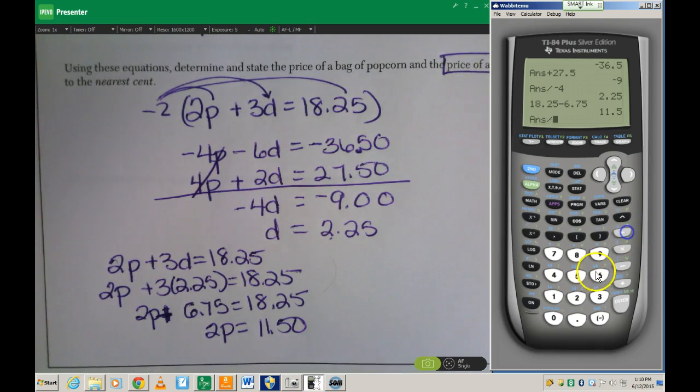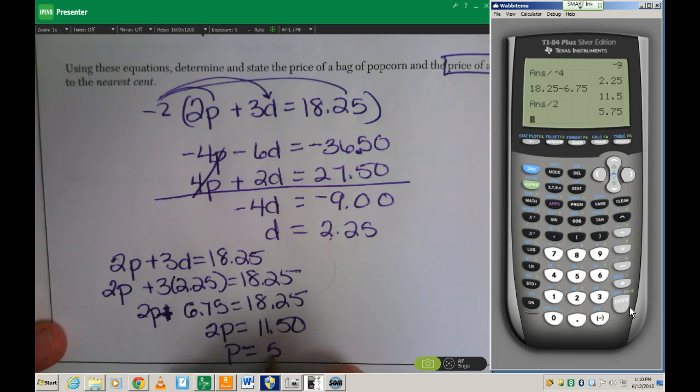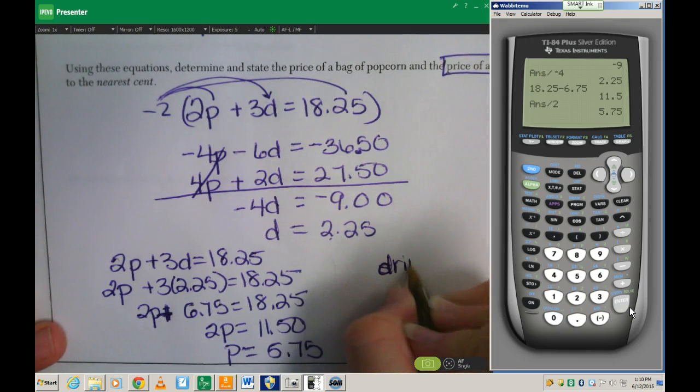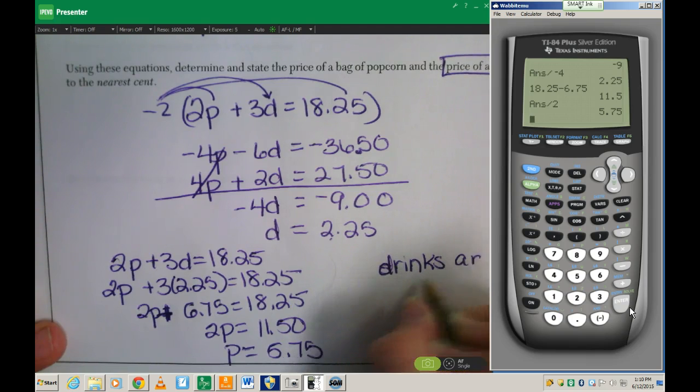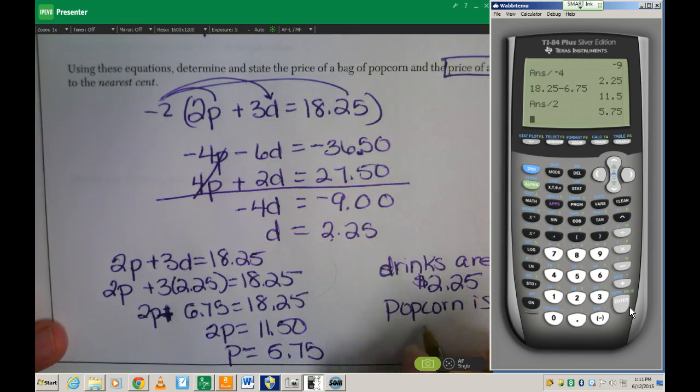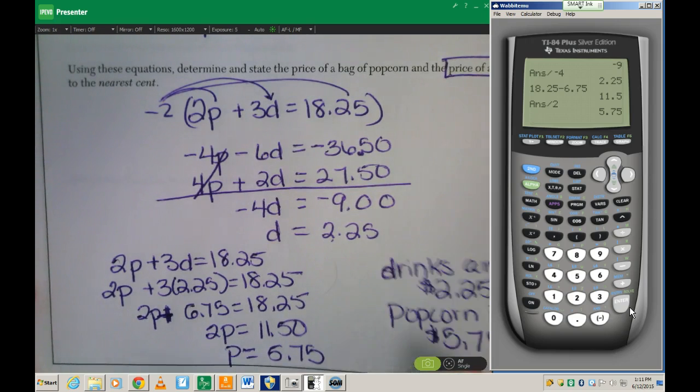Divide both sides by 2. P equals $5.75. Okay, so drinks are $2.25. Popcorn is $5.75. Whew, 4-pointer.